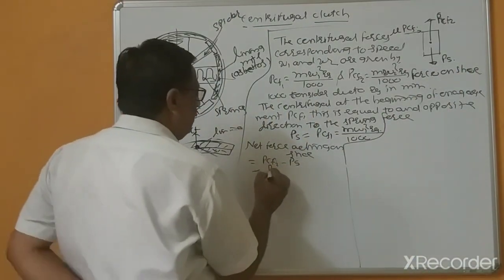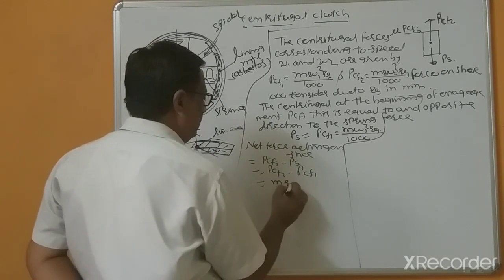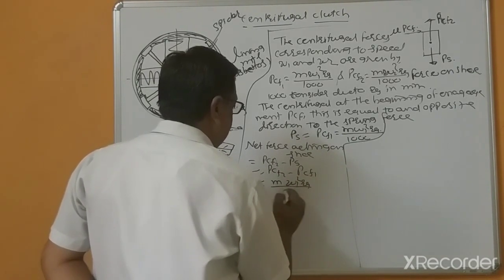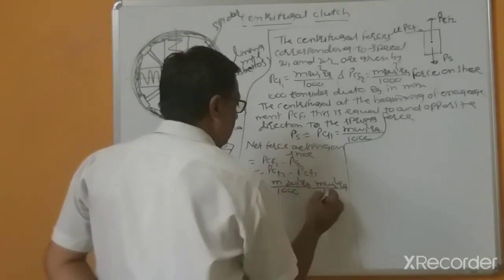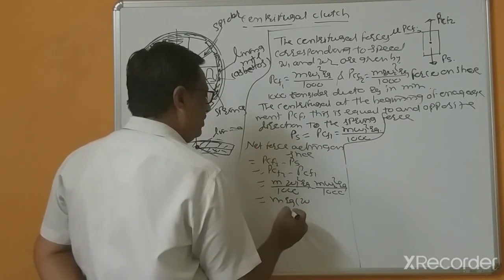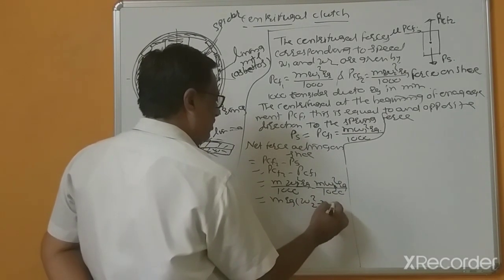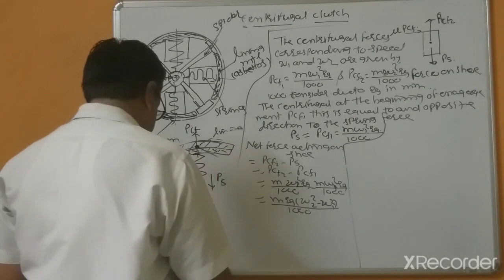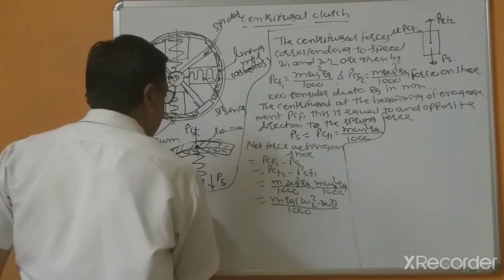PS equals PCF1, so with m Rg common, the net force is m Rg into omega 2 square minus omega 1 square, divided by 1000. This is the net force.